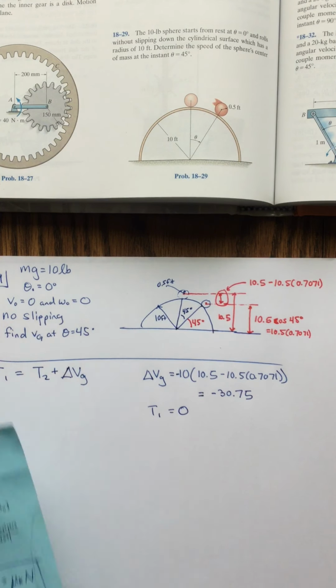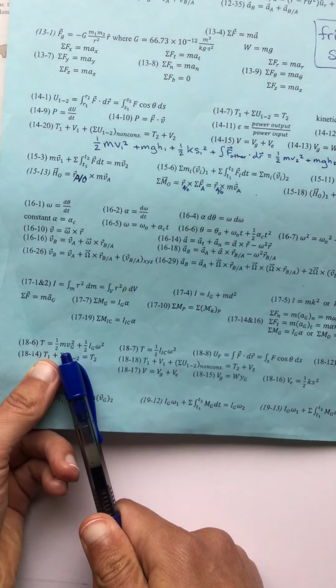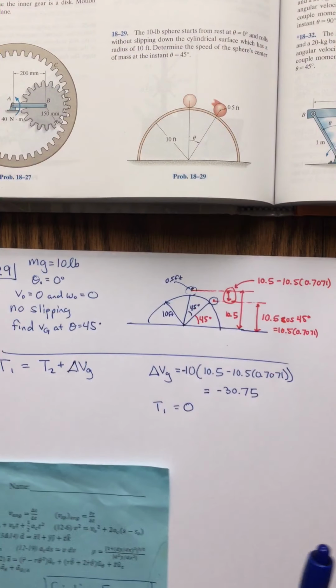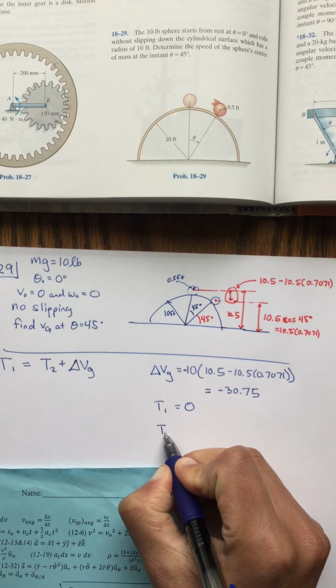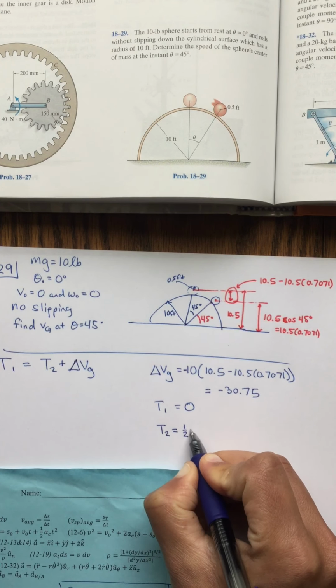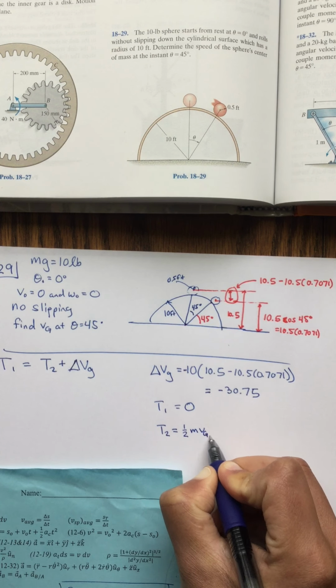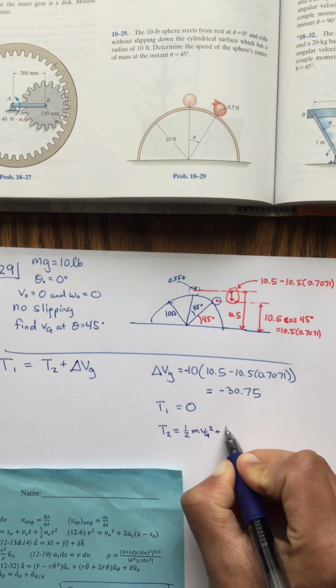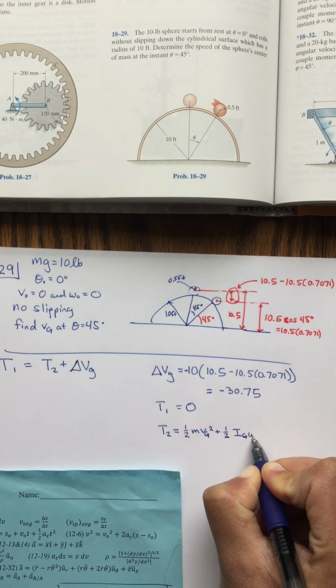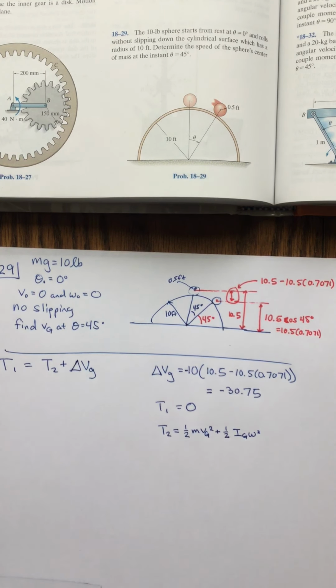For T2, I have to include the translational kinetic energy and the rotational kinetic energy. So T2 is equal to 1/2 times the mass times Vg squared plus 1/2 times the moment of inertia about the mass center times omega squared.